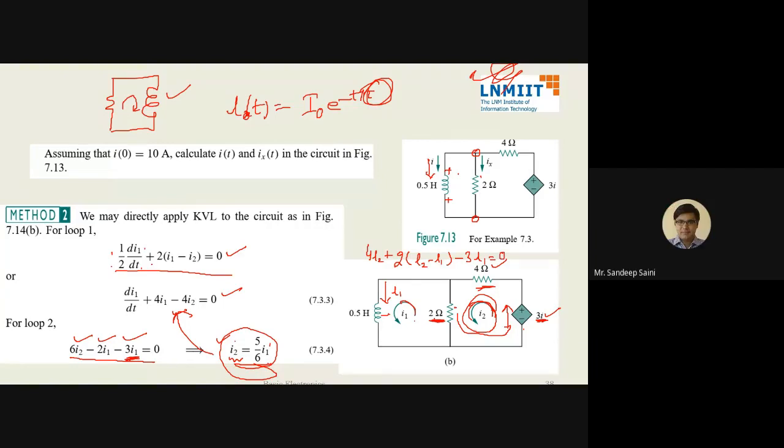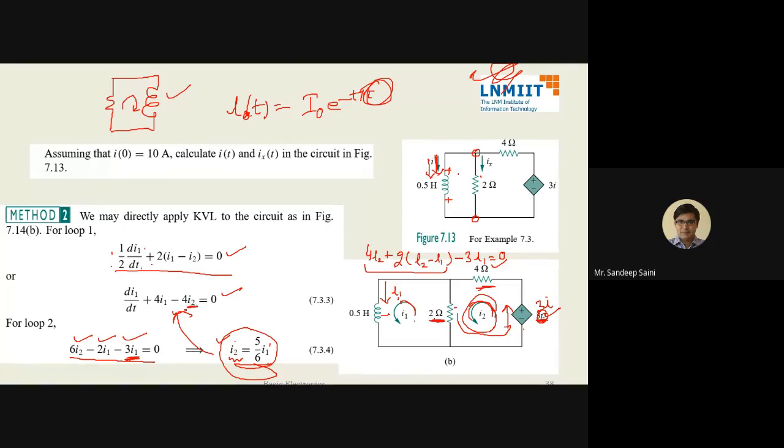Is it okay? Sir, because this minus is I1. No, see, this is not I1, this is not I2, this is I. This is 3 times I. And what is I? I is the current here, which is I1. Okay, sir.